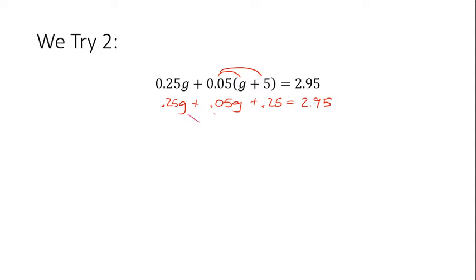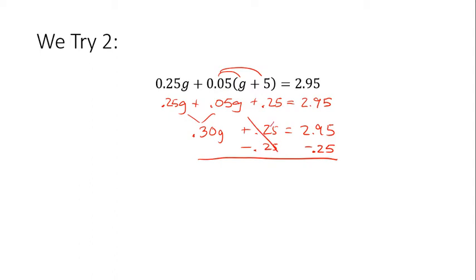So now I'm going to combine these like terms together to give me 0.30g. I'm going to write everything else. I'm going to move the 0.25 over so that we can have just g's on this left side.